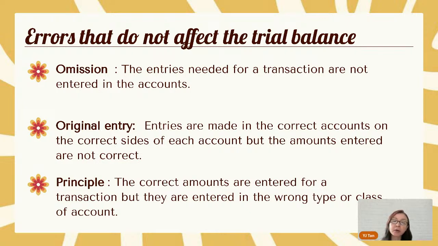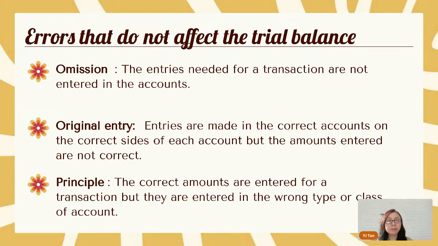Lastly, which is principle, the correct amount is entered for a transaction, but the problem is it's the wrong type or class of account. I'm not using the water again. Let's use another example: you are doing some maintenance service for your company's motorbike, and the maintenance service costs you, let's say, $300.